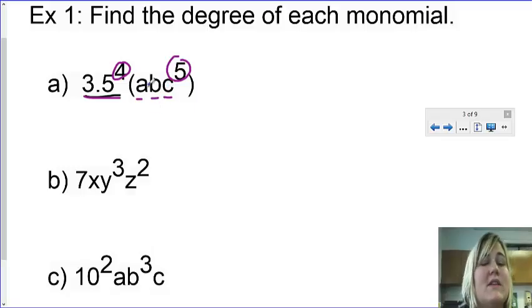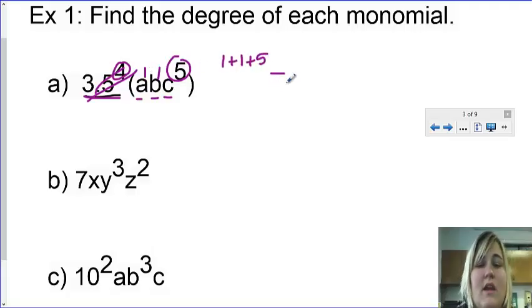I also have two exponents that I don't see, which is 1 and 1. A is to the first, B is to the first. Now, the degree we said is the sum of the exponents of the variables. That means that this one does not matter to us. We only want these. So I'm going to have 1 plus 1 plus 5. The degree of this monomial is 7.